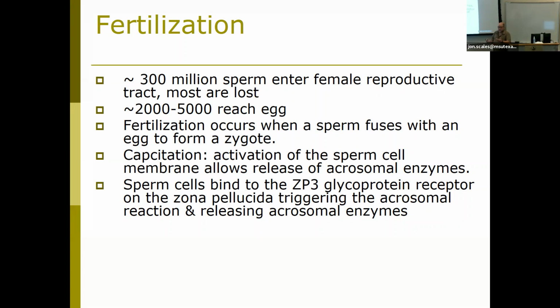It's just the cells are divided. And that will form a stage called the blastula, or in human terminology, a lot of times they use the term blastocyst, but same thing. And as the blastula forms, the cells within it are going to start rearranging.